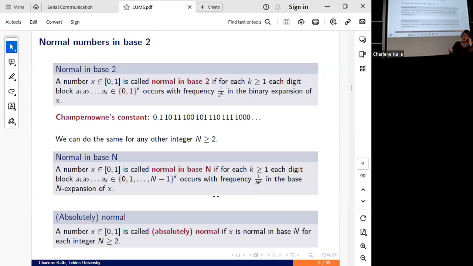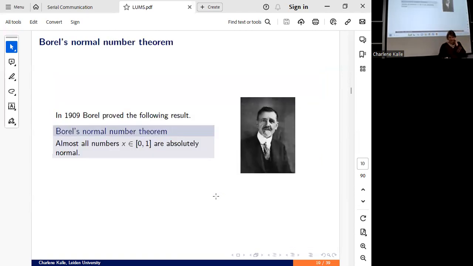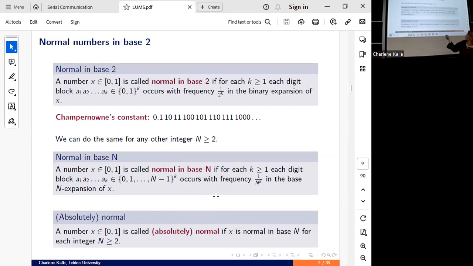And this is what Borel's theorem is about. So Borel's theorem from 1909 says that in fact, almost all numbers x are absolutely normal. And you see that I stopped putting examples because, of course, this number is normal in base 2, and we can construct for each integer n something like a Champernowne constant for base n, but if it's normal in base 2, it doesn't say anything about whether it's normal in any other base.